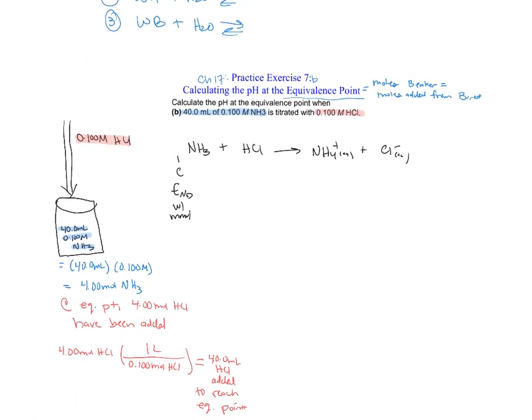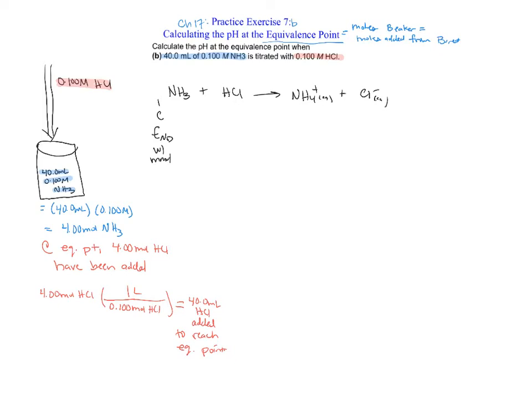So back to this problem. We're using ICN with millimoles because I've got a weak base and a strong acid reacting in the forward direction. So I know for both species I have 4.00 millimoles. Nothing is mentioned for the product, so it's 0.